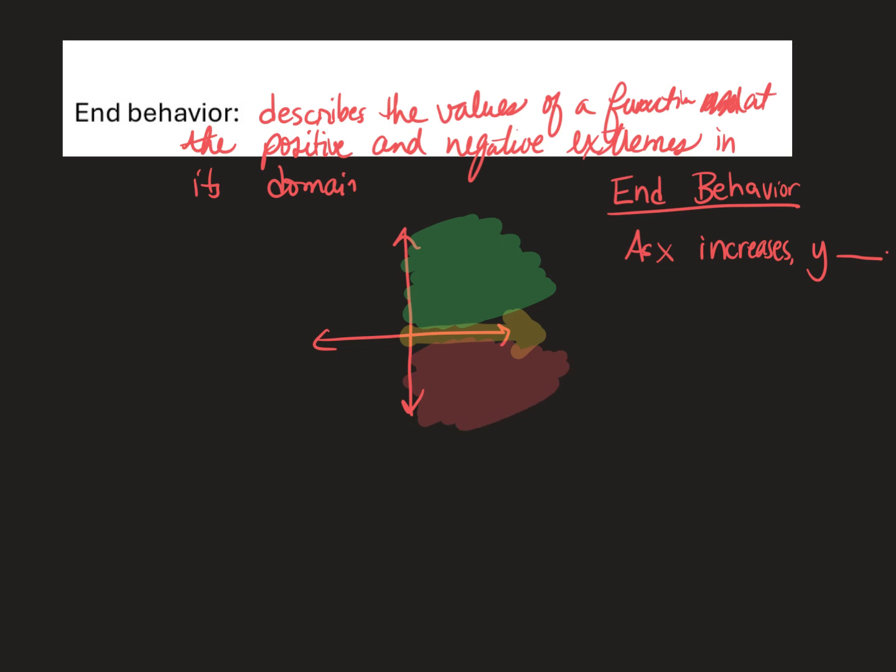Just to name those quadrants quickly: first, second, third, fourth quadrant. So as X is increasing, what is your Y doing? If it's pointing up, in quadrant 1, then it's increasing. If it's pointing down, it's decreasing. So in that blank I left over there, you'll put either increasing or decreasing.